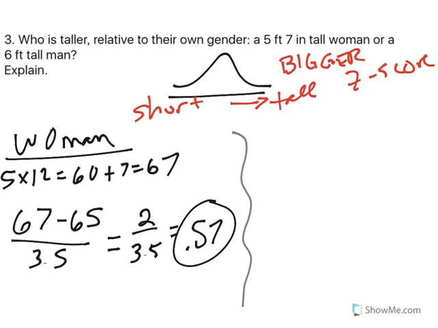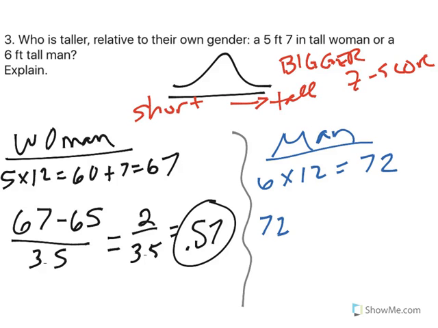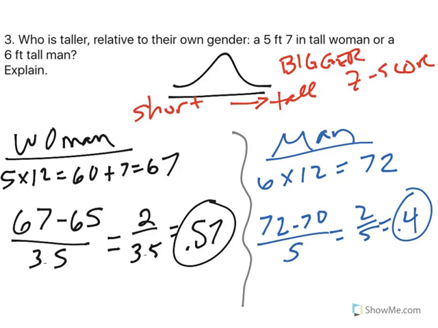Okay, she's taller than the mean, right? We know that. Now let's look at the man. The man is 6 feet. Multiply that by 12 and you get 72 inches. So to find the z-score, 72 minus 70 divided by 5. 2 divided by 5 is 0.4. Since the woman has the bigger z-score, she is taller relative to her own gender.